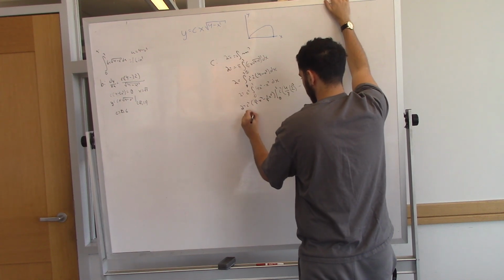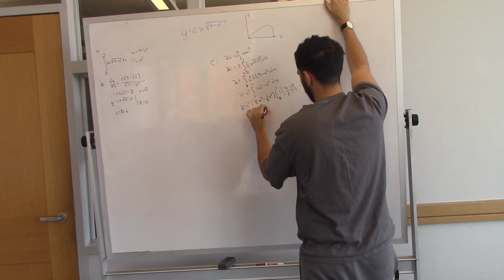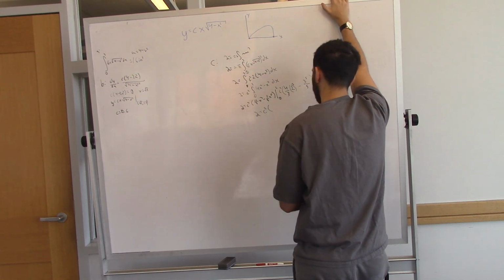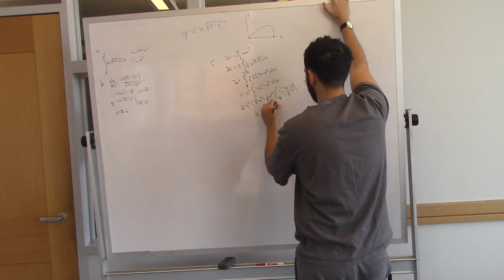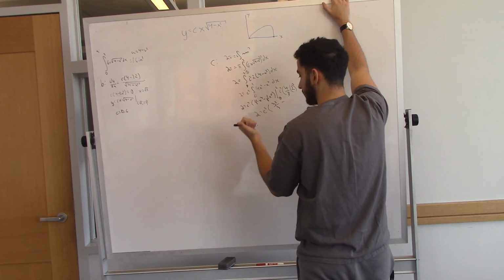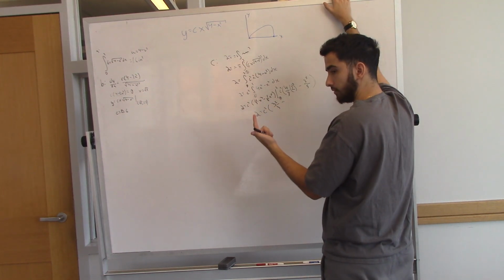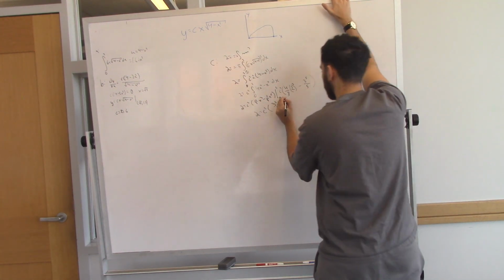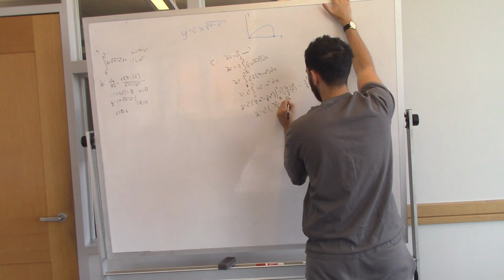So again, 2 equals c squared times 2 to the 3rd is 8. 8 times 4 is 32. So 32 over 3, minus 2 to the 5th, that's 2 times 2, 4 times 2, 8 times 2, 16 times 2, 32. So 32 over 5.